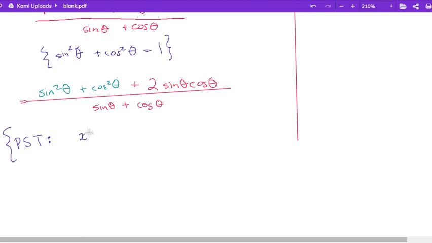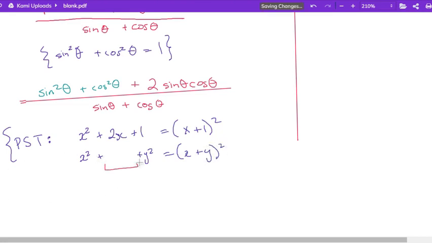Watch this. If I have x squared plus 2x plus 1, I can factor it to x plus 1 all squared. I'm going to give you a more complicated one. If I have x squared plus something plus y squared, what will that middle term be?